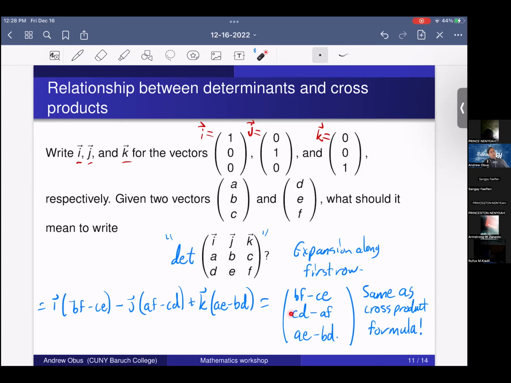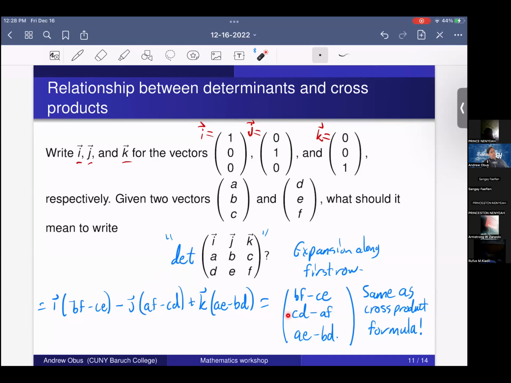Oh, I just do that because I don't like starting with negatives. So if you wanted to write this as negative AF plus CD, that would be fine. That's equivalent. I just think that this looks cleaner. So I always think if I have a subtraction and then I negate it, I think of that as just reversing the order of the subtraction because I think it usually looks nicer.